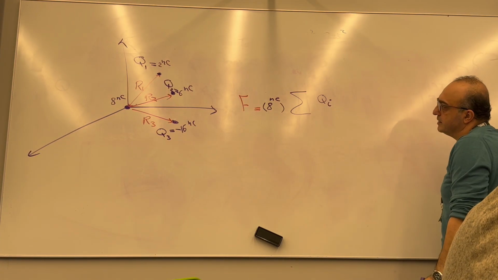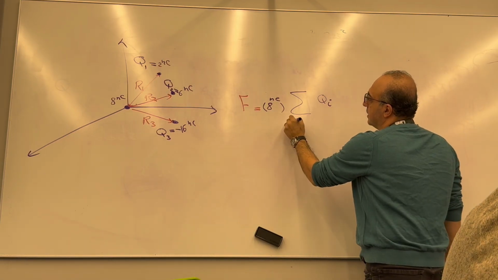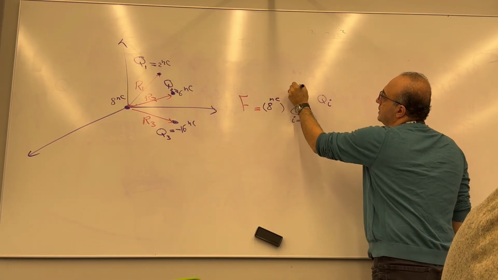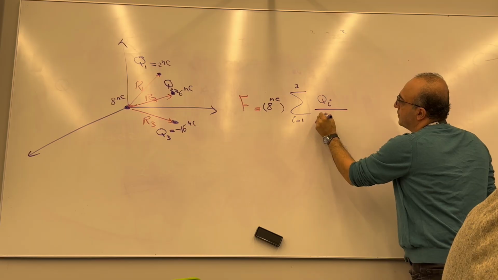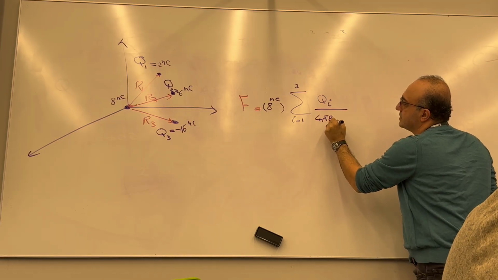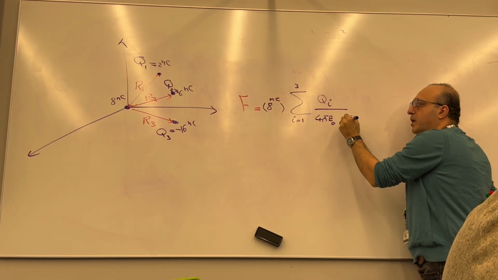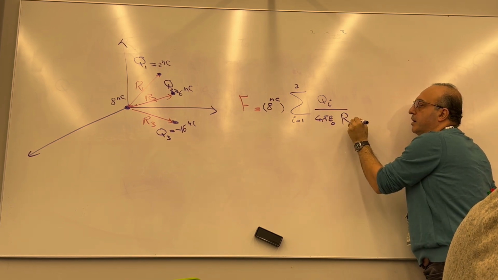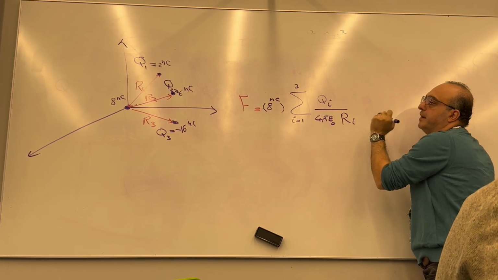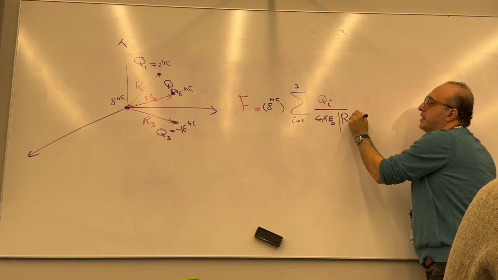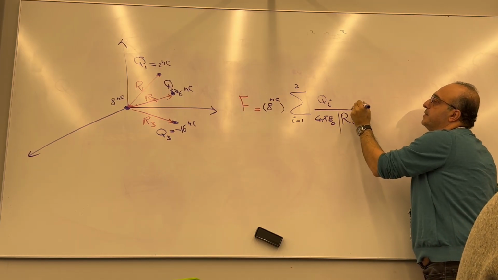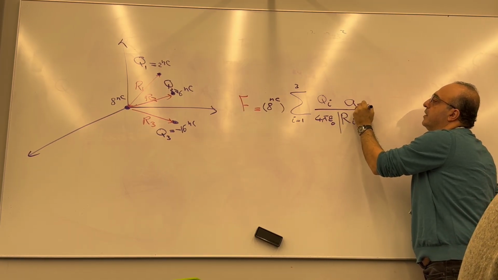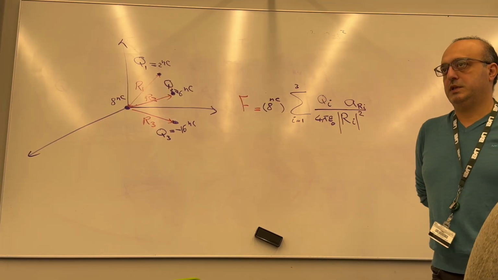Am I right? I said Q I, I from 1 to 3, over 4 pi epsilon 0 R I, Q A R I. Am I right? This is the formula.